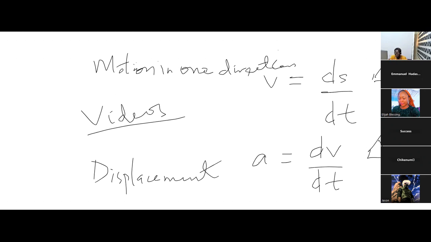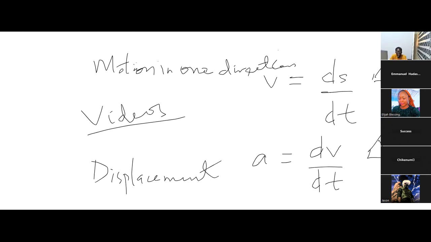There was a measure of displacement, rate of change of displacement, and rate of change of velocity. They considered the displacement of this pen, the velocity of displacement of this pen, and the rate of change of velocity of this pen. That gives us what we call videos.